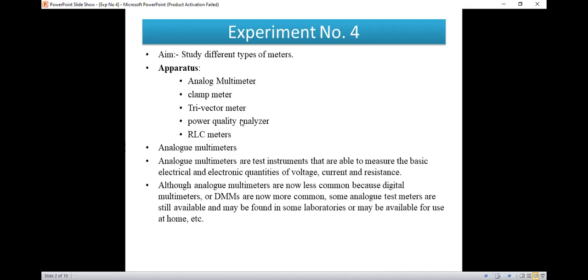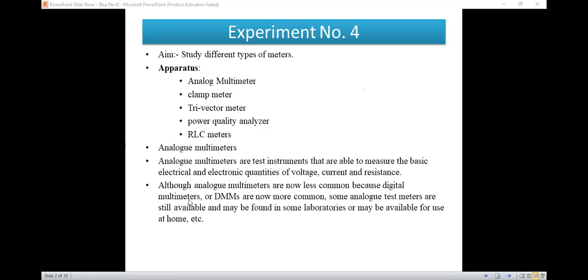So instead of using the analog multimeter, we go to the digital multimeter because different types of errors occur in the analog meter. So instead of the analog meter, we are going to the digital meter.